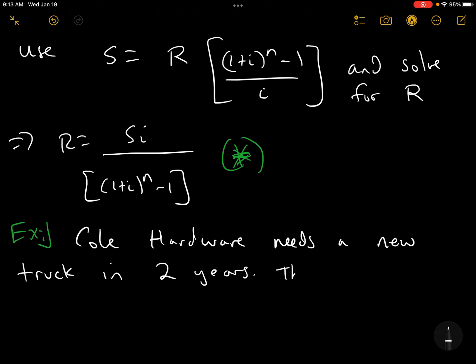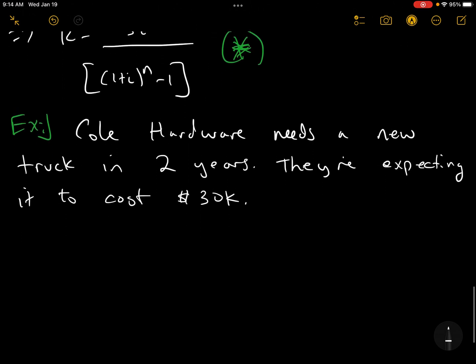I think they're expecting it to cost $30,000. So in 2 years, they know it's time for a new truck, and they sussed out that they need $30,000 to buy this thing. So now they want to start saving regularly for it. Okay.